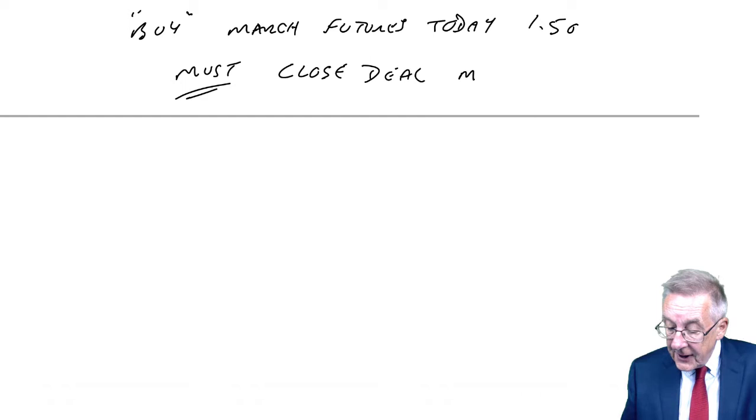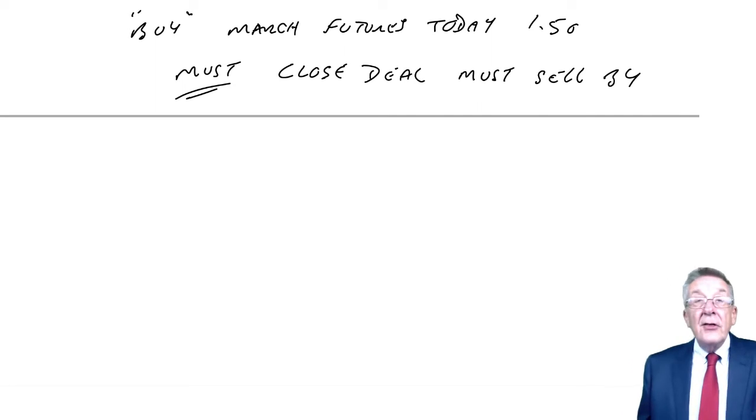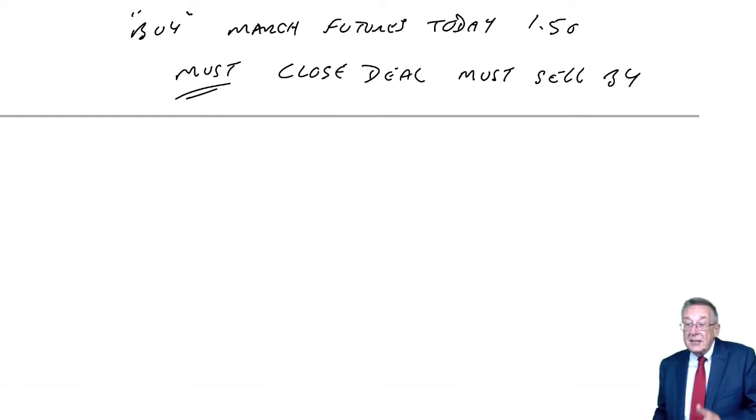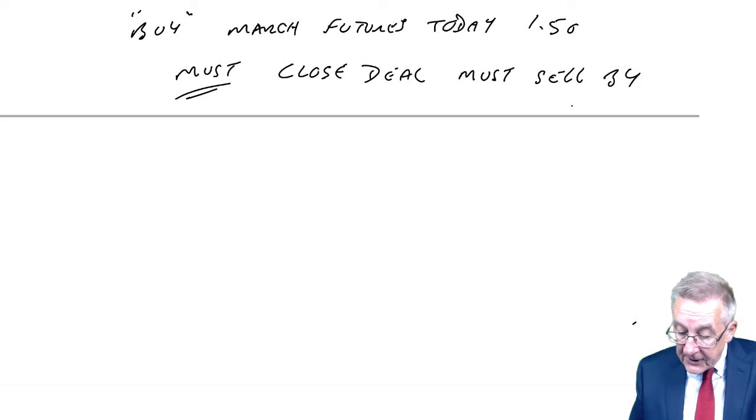We must sell by the last date of the future. And I said earlier, if we're dealing in March futures, they finish at the end of March. We must sell by the last day of March.